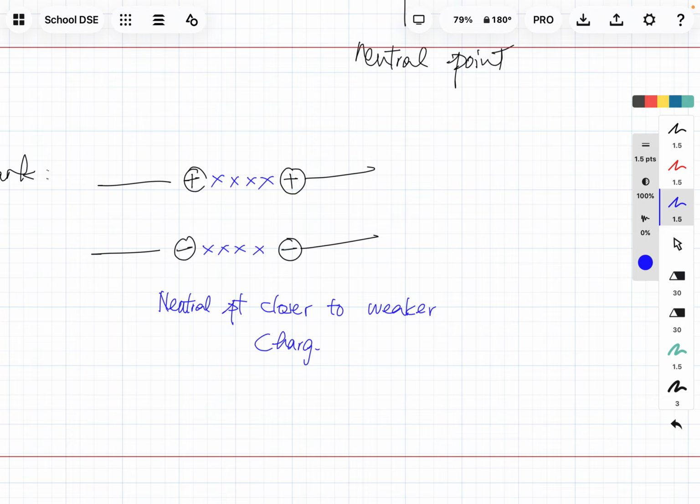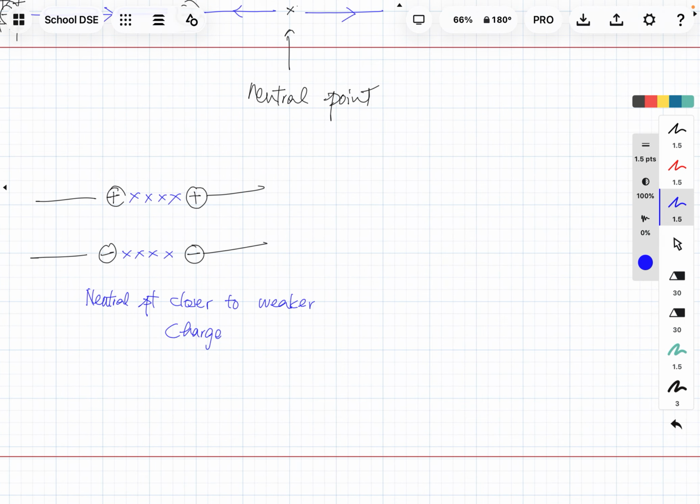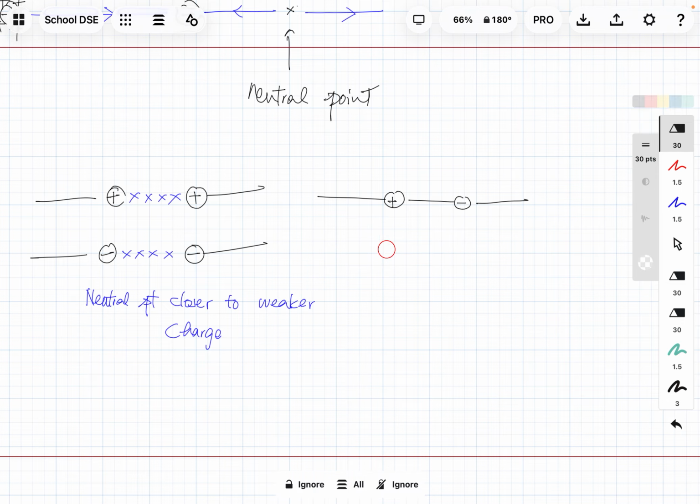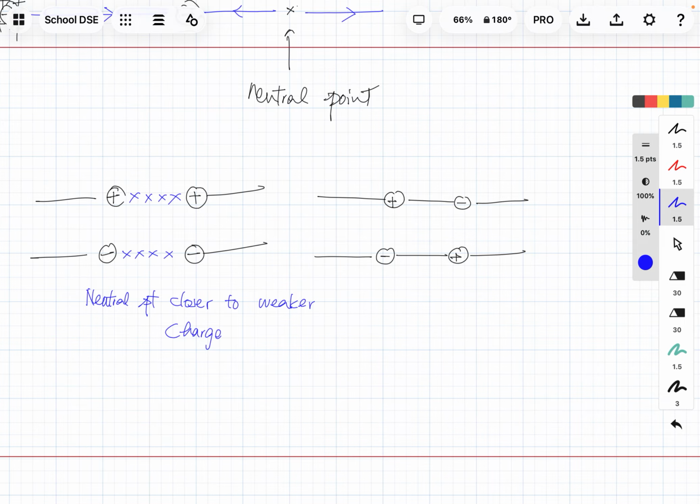Then for I2, let's say this time I have the current going down. Then I use the right-hand grip rule. Then the current is going down, so I will have the magnetic field going out of the page on the right-hand side of the current, and then going into the page.